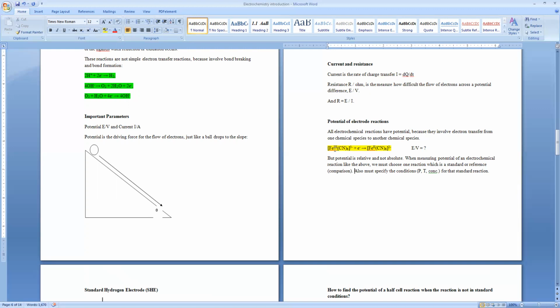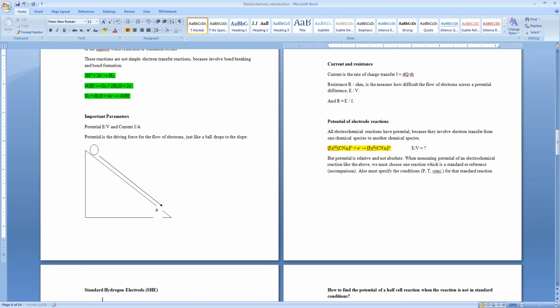So before we actually measure the potential of this reaction, we must select a reaction which is a reference point for the measurement of potential. So when measuring the potential of an electrochemical reaction like the above, we must choose one reaction which is a standard or reference, as a comparison.